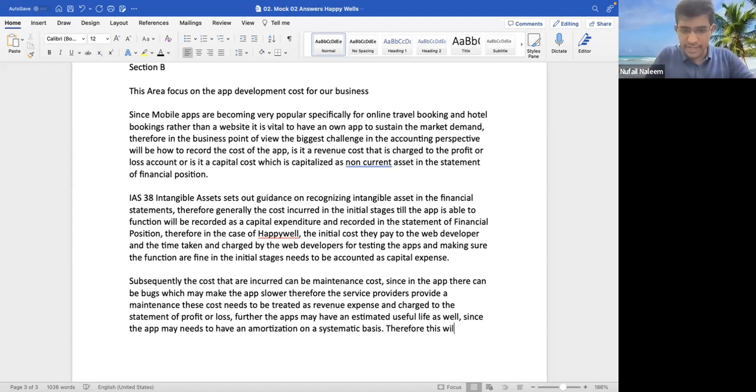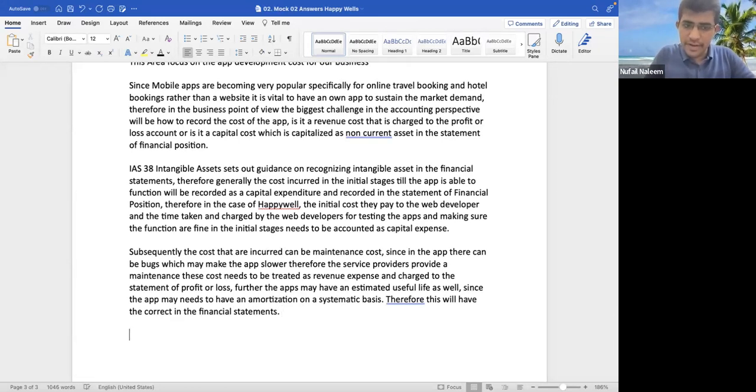Therefore, this will have the correct value in the financial statements. That is one more thing. And I'm going to write down one more point also.